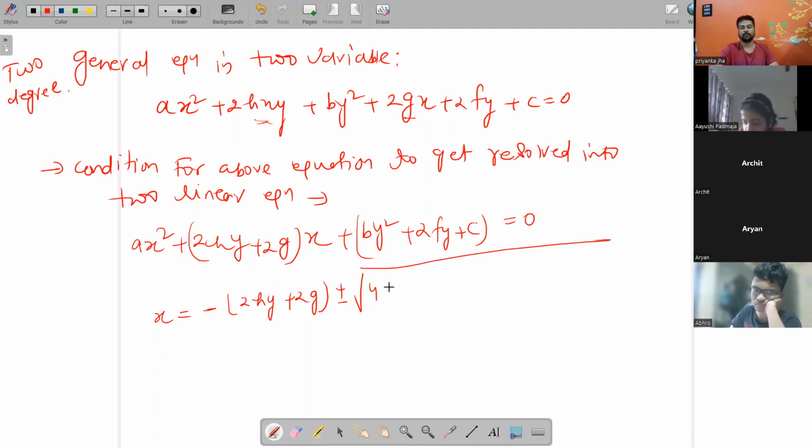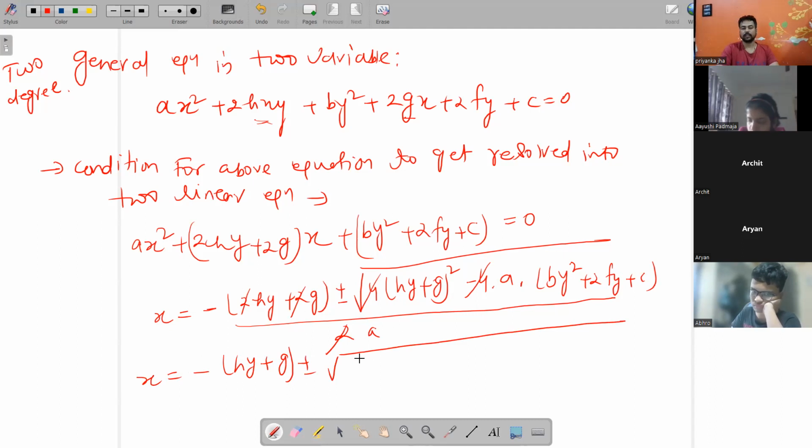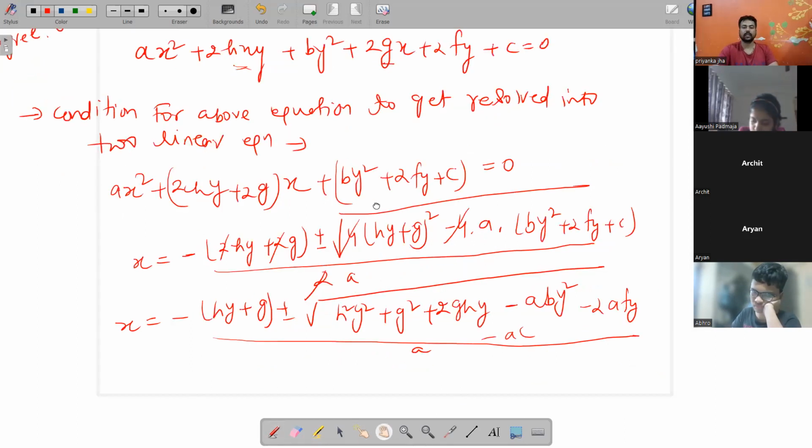So square of this, 2 will come out, 4 and (hy plus g) whole square minus 4a times c, upon 2a. 4, 4, 2, 2, 2 gone. x equal to minus (hy plus g) plus minus under root, open this, (hy plus g) whole square, that is h square y square plus g square plus 2hgy, minus a times by square minus 2afy minus ac, upon a.